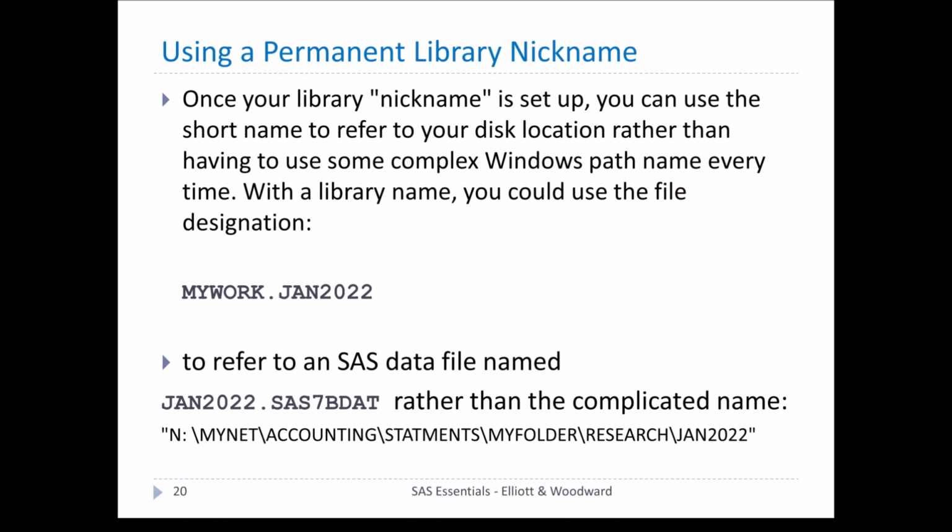Once we have a library nickname, then we can use it to refer to a SAS data set that's online. So for instance, once we've defined my work as a library name, now we can refer to a file called Jan2022 as mywork.jan2022. My work refers to the location on the hard drive.